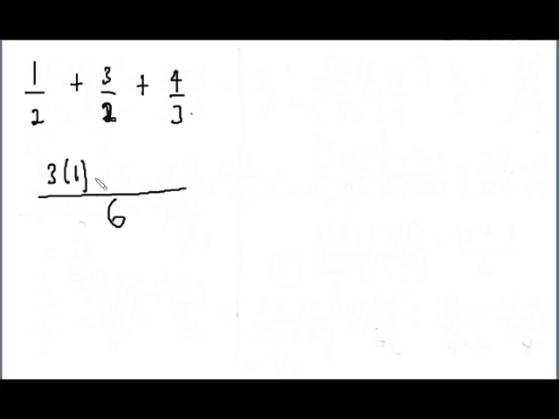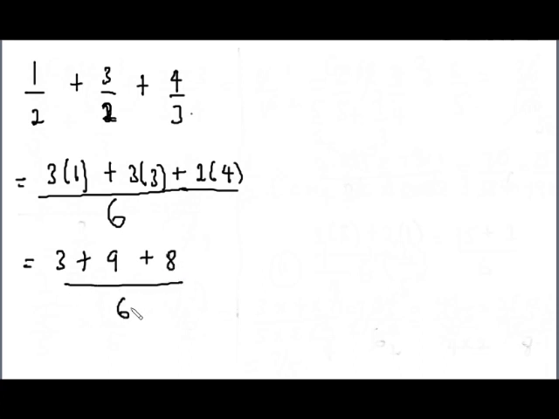Okay, so 3 times 1, plus 6 divided by 2, we have 3 times 3, plus 6 divided by 3, we have 2 times 4. Okay, so this is the result we have. So this is equal to 3 times 1 is 3, plus 3 times 3 is 9, plus 2 times 4 is 8, divided by 6.